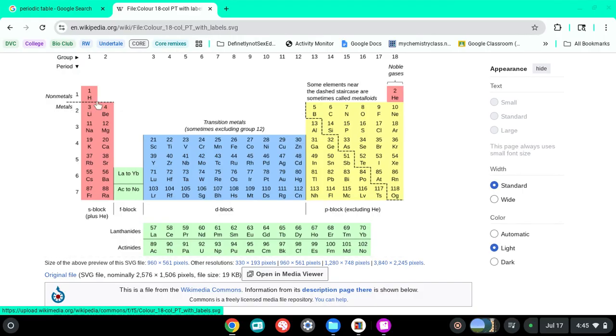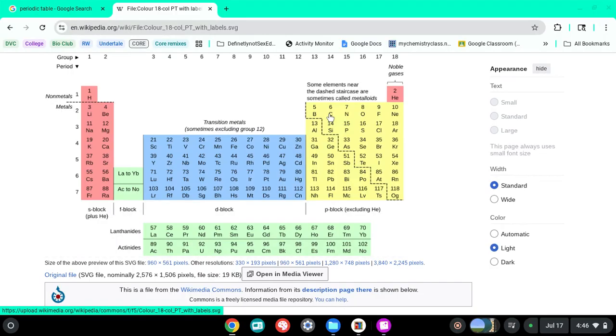Now you may be wondering, okay, well, what about hydrogen? Is it an ion? I don't think it's a nonmetal according to the periodic table. So then what does it do? Well, this can actually do ionic bonding. You see, hydrogen is so small that any other element will just take its electron.